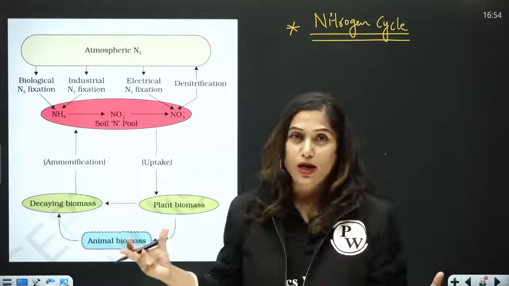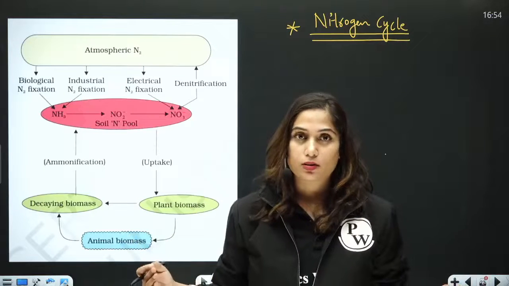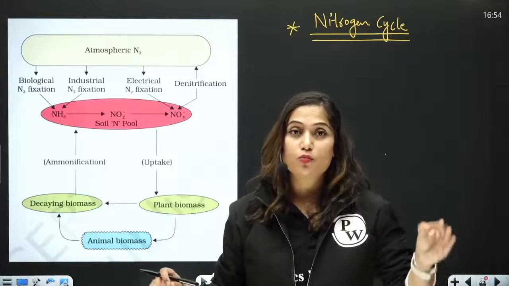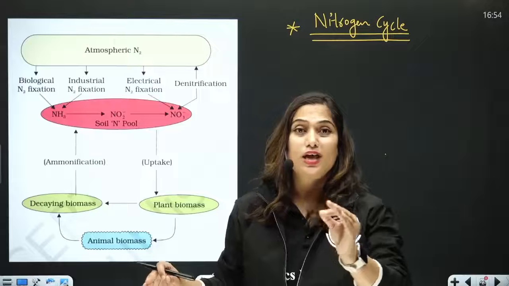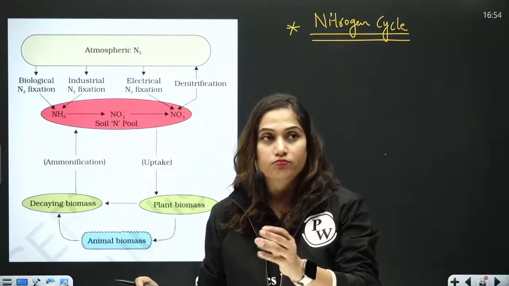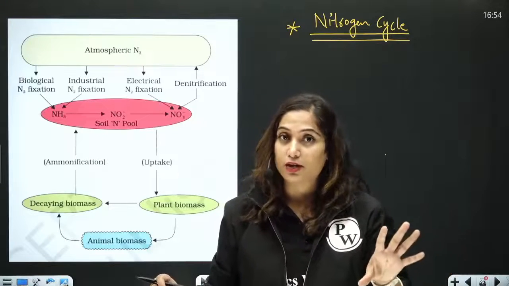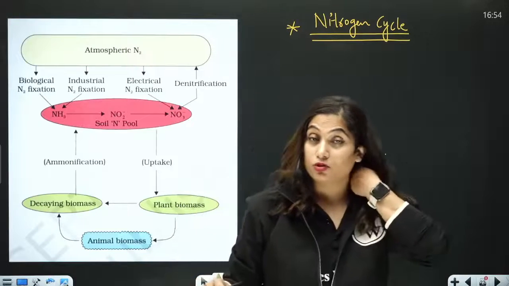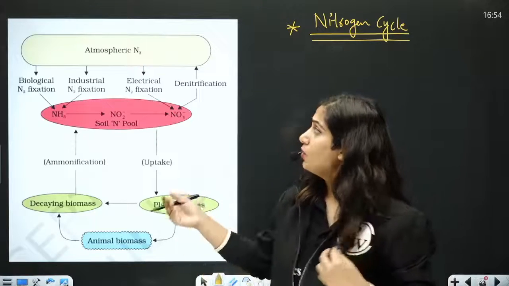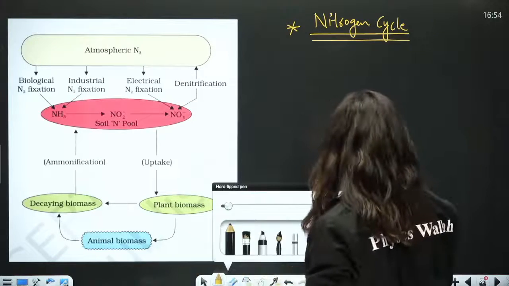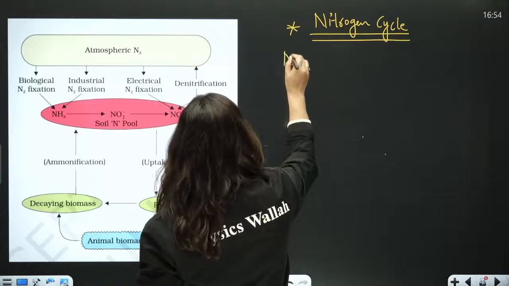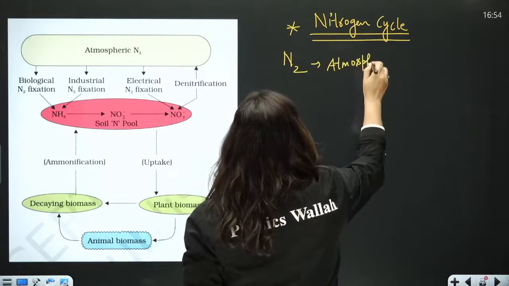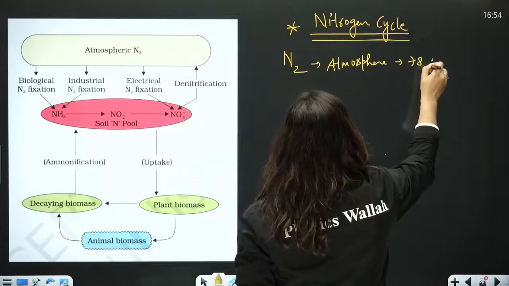Nitrogen, I just told you, is one of the most important mineral elements required by the plant. This question comes directly: which is the most limiting nutrient for both agricultural and natural ecosystems? Your answer is nitrogen. For every kind of ecosystem, nitrogen is the most limiting nutrient required by the plant. Atmospheric nitrogen, N2, is present in the atmosphere at a concentration of 78%.